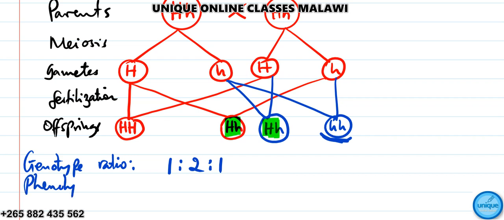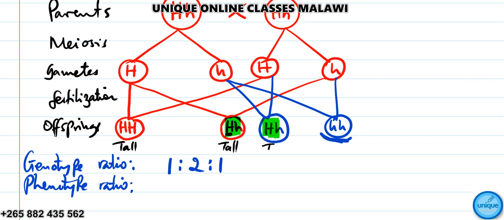So here let's have phenotype here, phenotype ratio. In phenotype ratio tuone kuti the physical outlook ikhala yani. So we have here our combination of pure genes to, ndikuti this one will be pure to, this guy will be to as well, for the dominant gene H over small h.